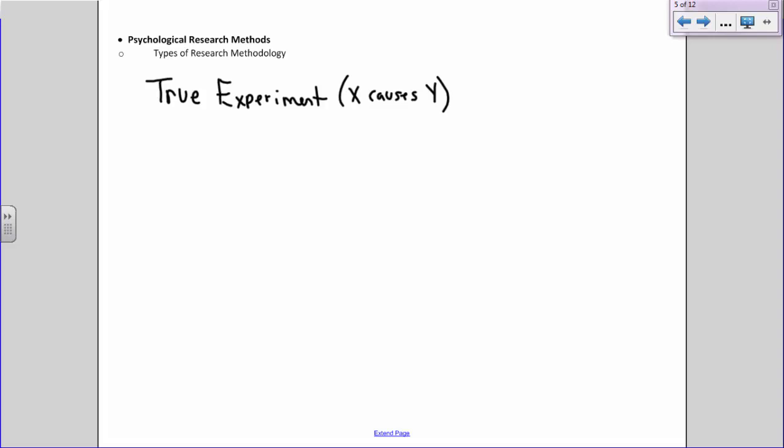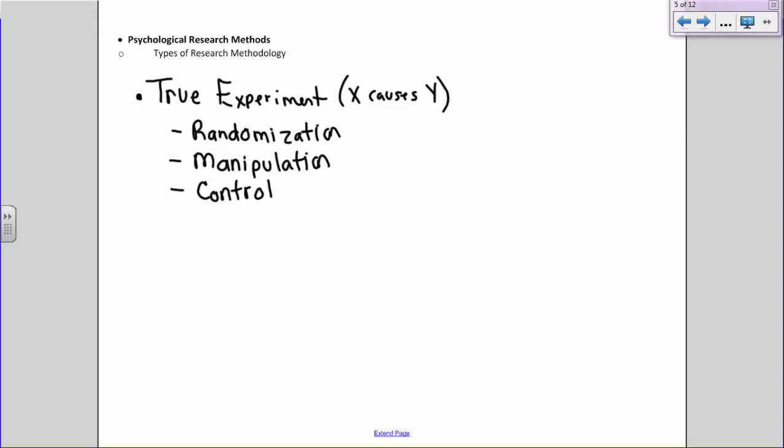A true experiment has three different criteria. In order to be a true experiment, you have to have randomization, and I'll explain each of these in just a sec, manipulation, and control.